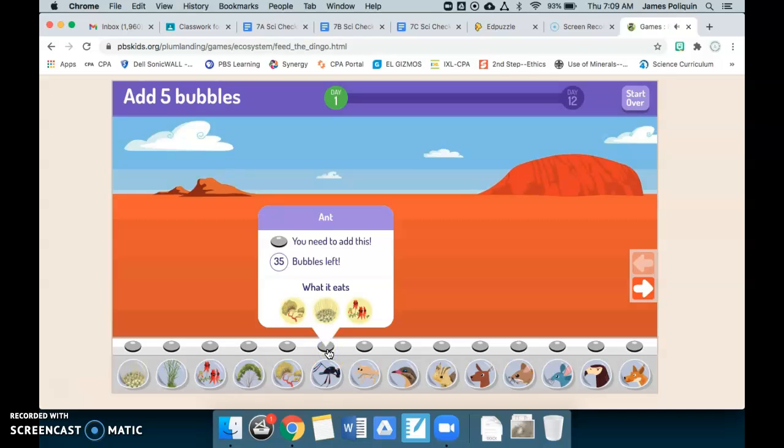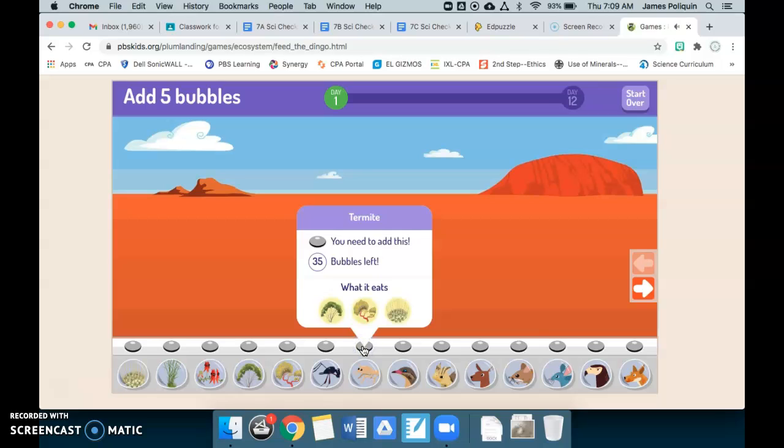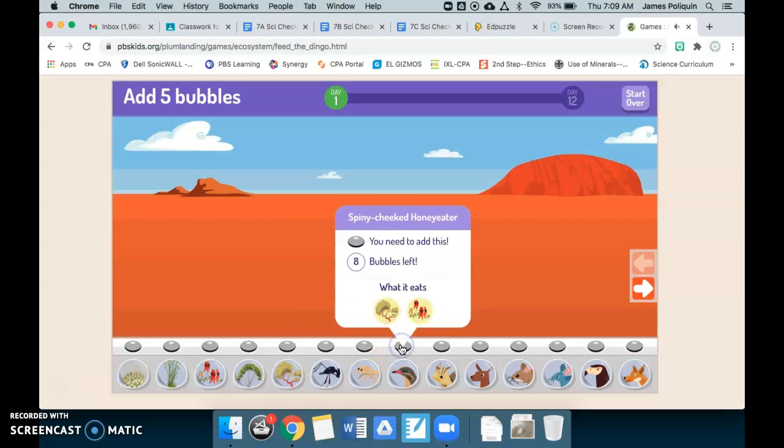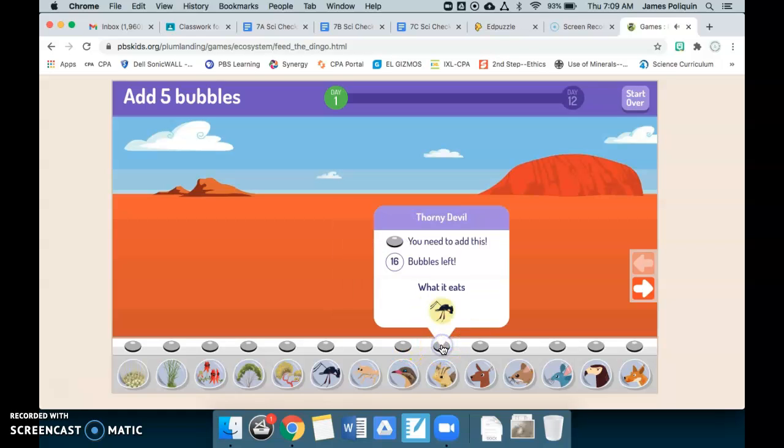So the ant, based on what it eats, what type of consumer is it? How about the termite? How about the spiny-cheeked honeyeater? The thorny devil?